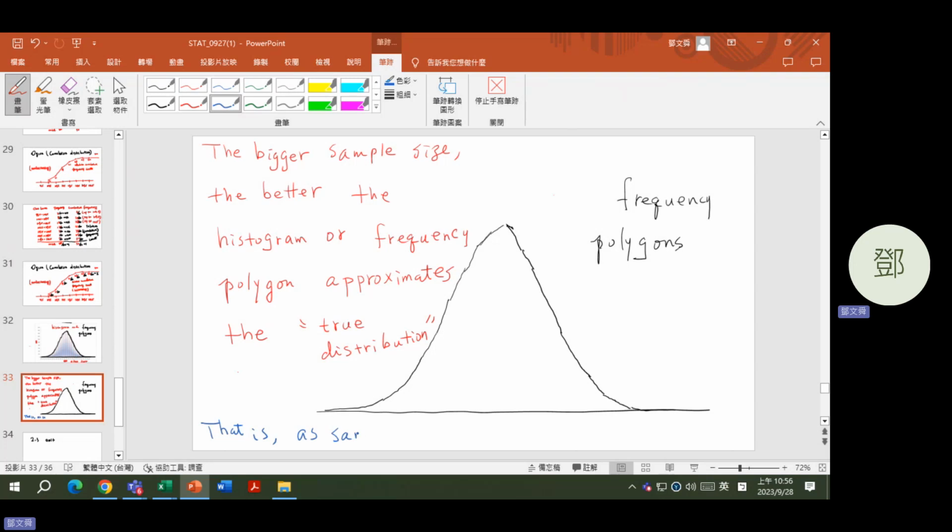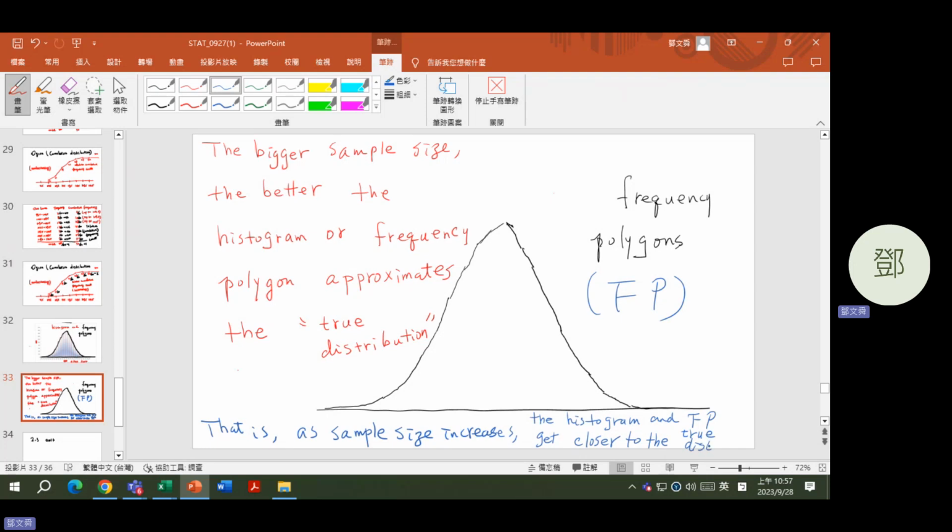That is, as the sample size increases, the histogram and frequency polygon get closer to the true distribution.